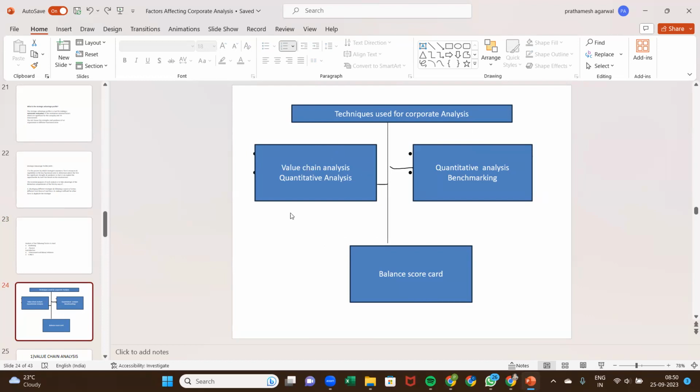We have quantitative analysis and qualitative analysis, we have benchmarking, and the fifth one is the balanced scorecard. So there are 5 techniques used for corporate analysis.